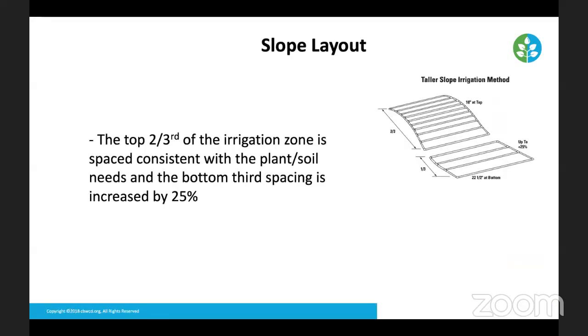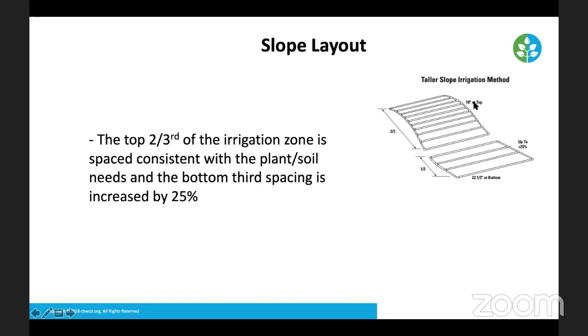And then briefly, I just want to cover slopes. So if we do have a sloped area, drip irrigation is also an option for sloped areas. With the 18-inch spacing, again, depending on your soil type, we're going with 18-inch for the upper 2/3 of the slope of that zone.